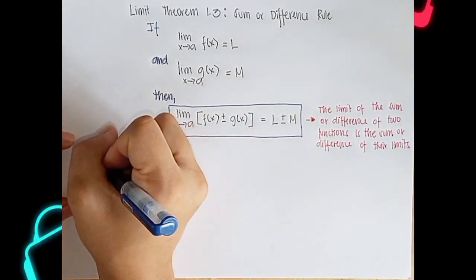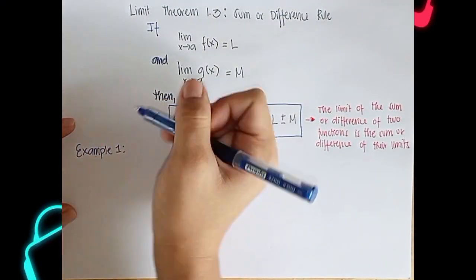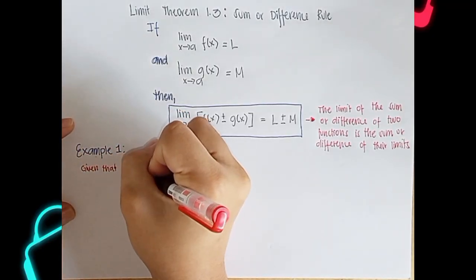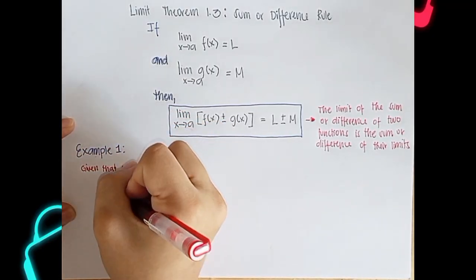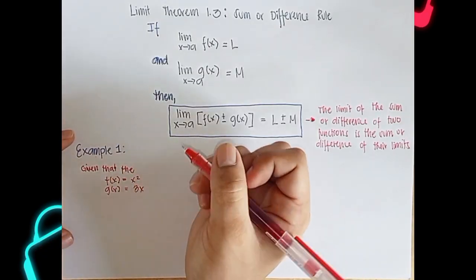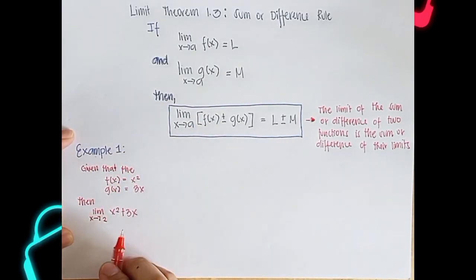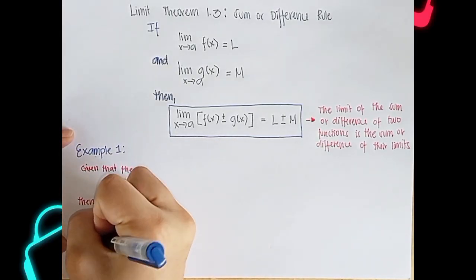So to fully understand, let's have this example number 1. Given that f of x is equal to x squared and g of x is 3x, find the limit as x approaches 2 of x squared plus 3x.